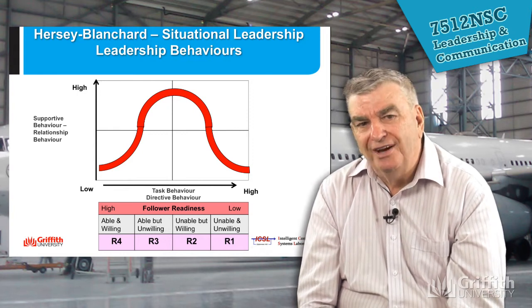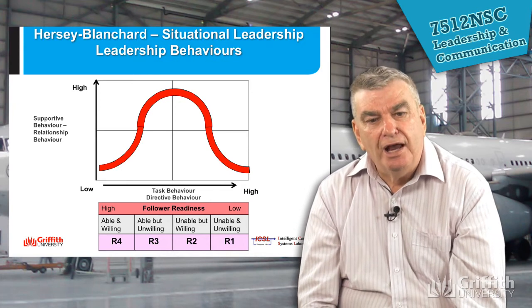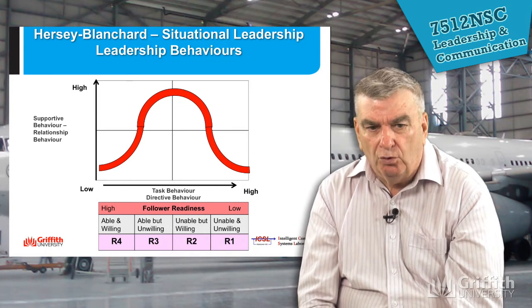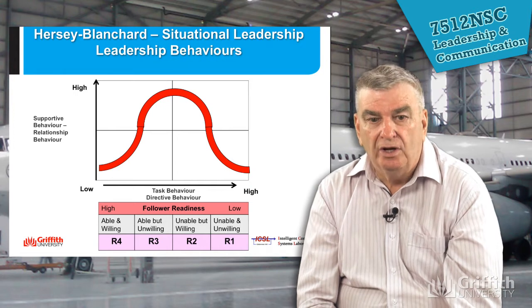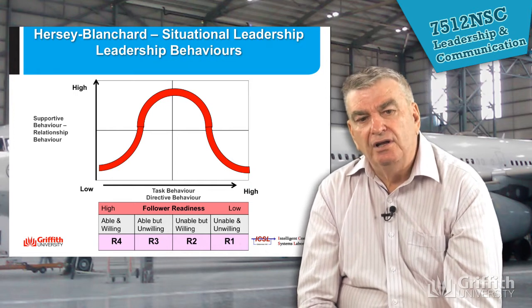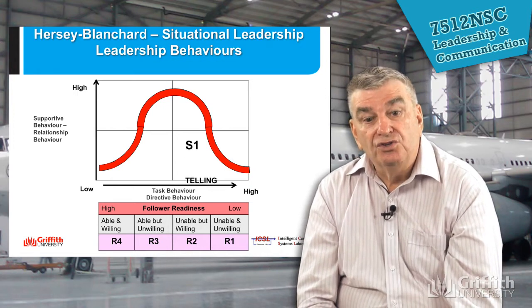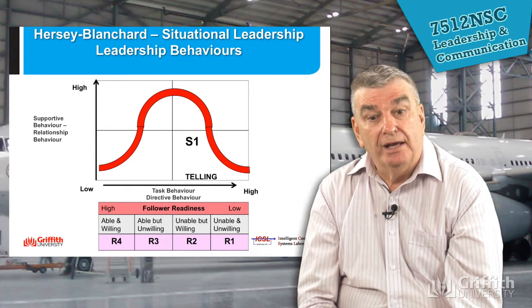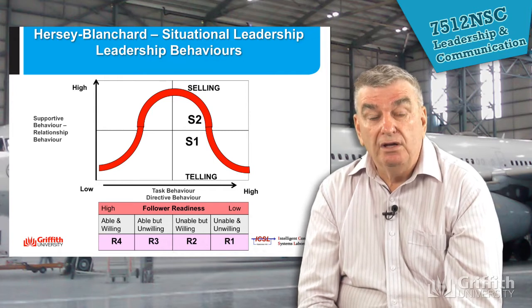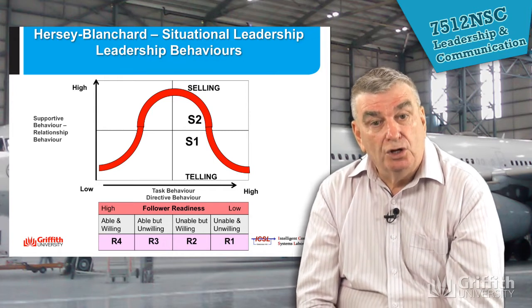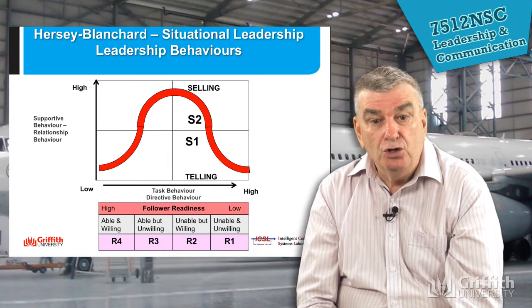And also their motivation. Are they willing or unwilling? And depending on where they fall in 4 different scales, that is able and willing up to unable and unwilling, as shown on the chart here, we can say, for example, if you're unable and unwilling, you might take a telling approach. If you're unable but willing, you'll take a selling approach and show the people you can actually do this job.